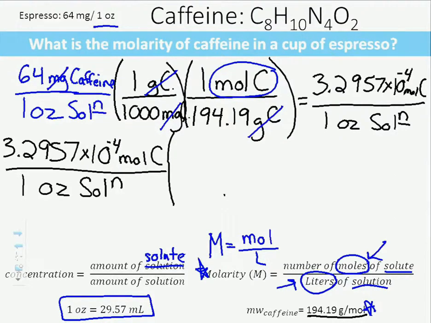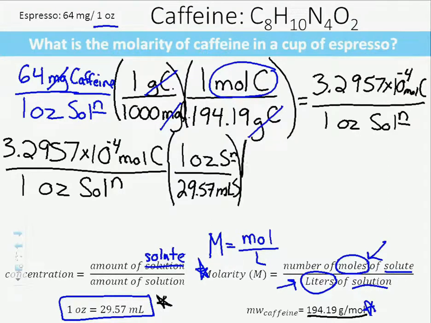So in order to get rid of that, we need to convert it to liters. We don't have a conversion that goes directly to liters, but we do have one that converts us to milliliters. So for every 1 ounce, we have 29.57 milliliters. And notice this is for our solution, and this is also for our solution.